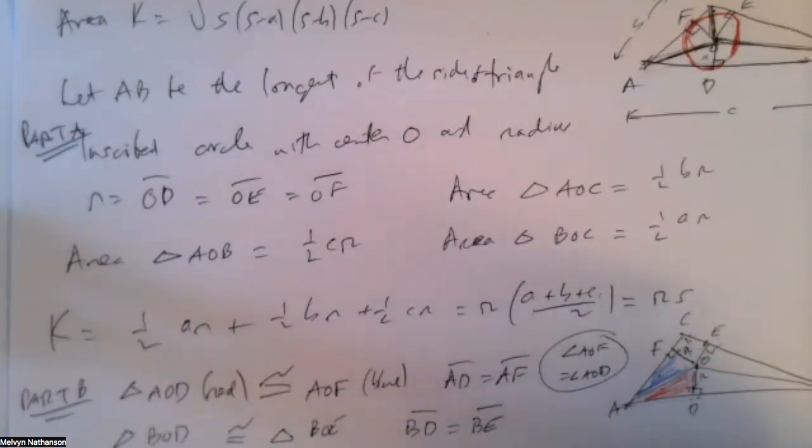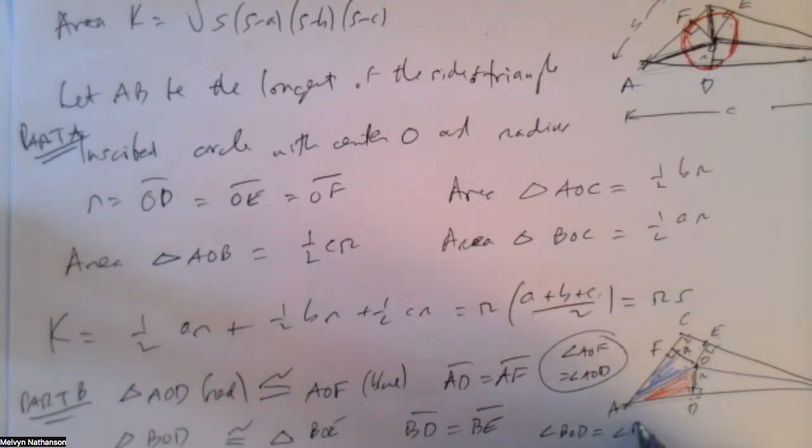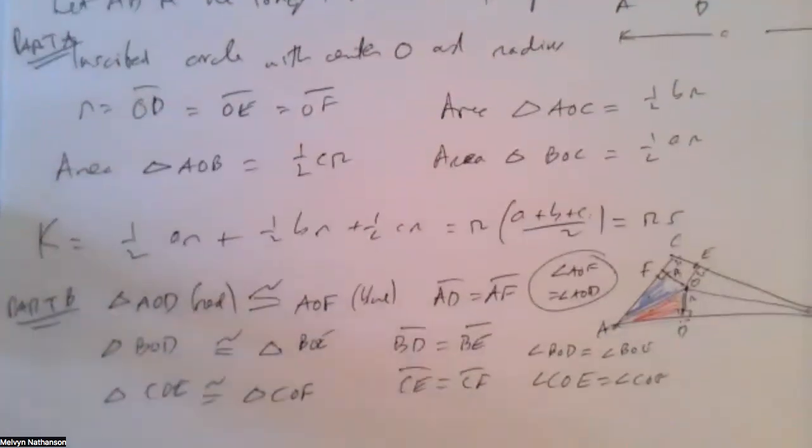And angle BOD equals angle BOE. So whenever you have congruent triangles, the corresponding sides are equal and the corresponding angles are equal. And that's all we're saying. Okay.